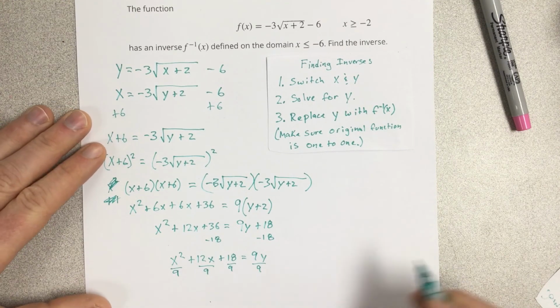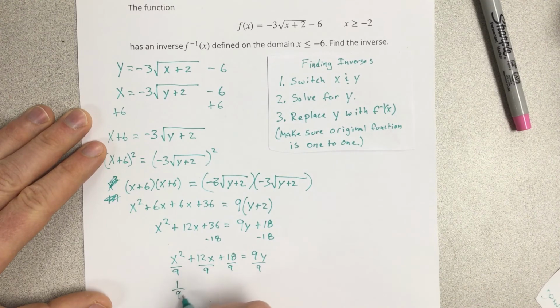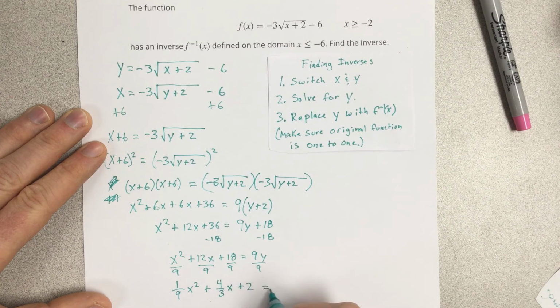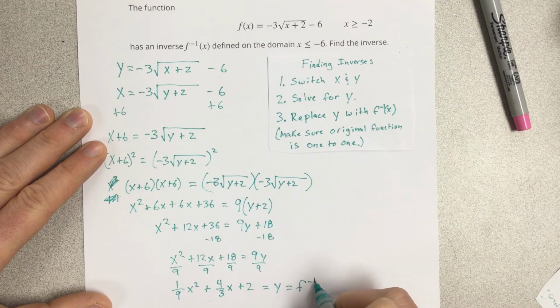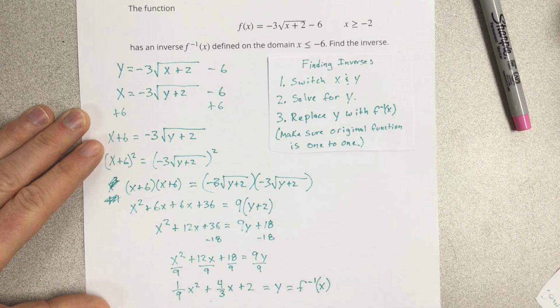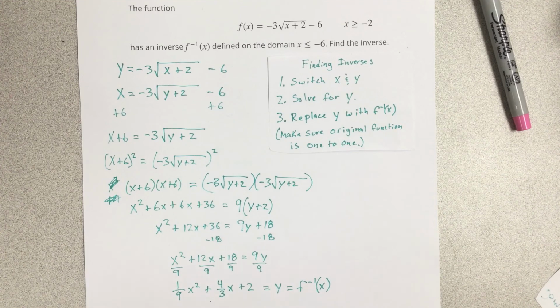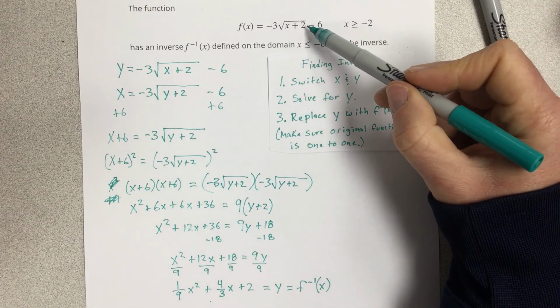And I'm going to end up with 1/9 x squared plus 4/3 x plus 2. And that would be step 3, my f inverse function. So that's the inverse of the original square root function.